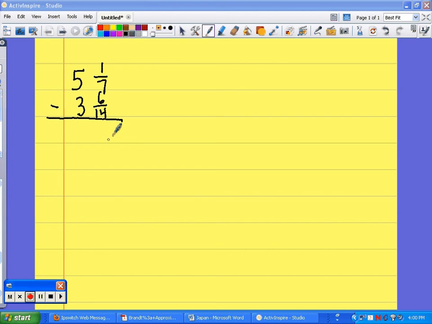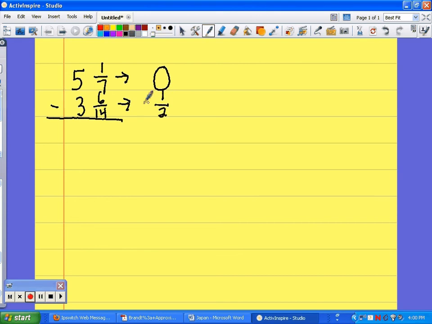Here's a subtraction estimation problem. Again, we're going to see if the fraction is closer to 0, 1/2, or 1 whole. 1/7 is closer to 0. 6/14 is closer to 1/2.